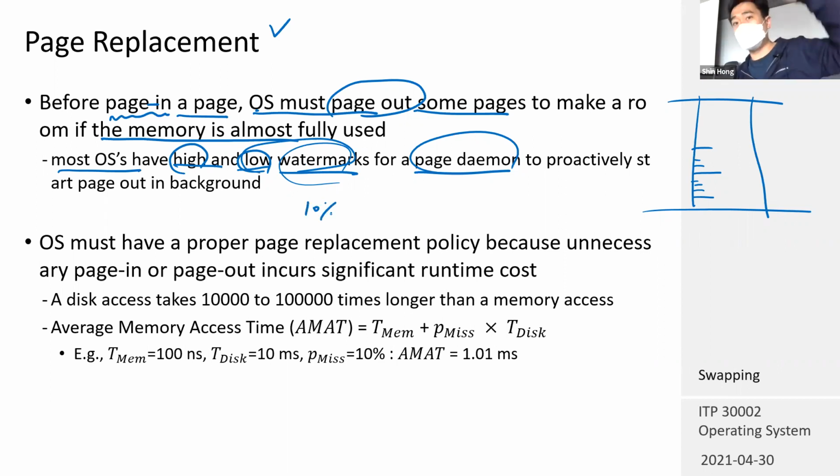So if it drops to 9%, then daemons start to page out some less important pages in memory. If the high watermark is at the 20% point, then they continue until the system has 20% free memory.